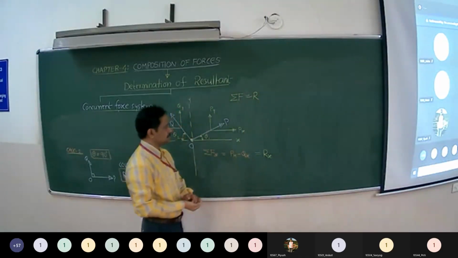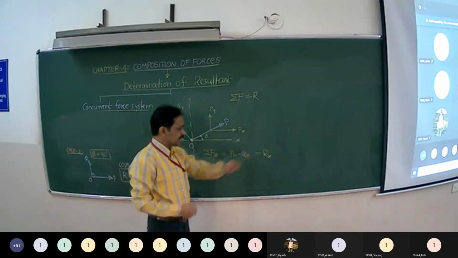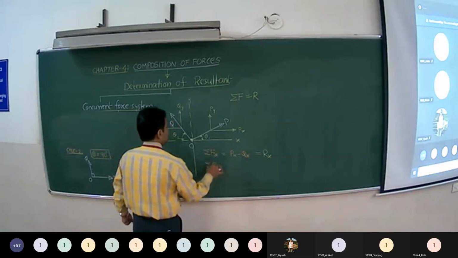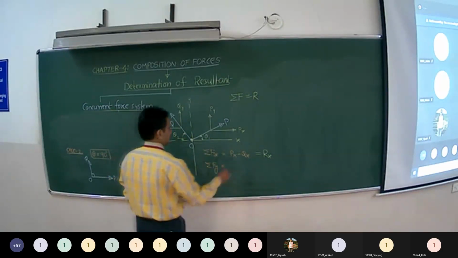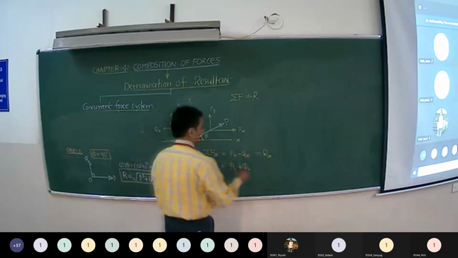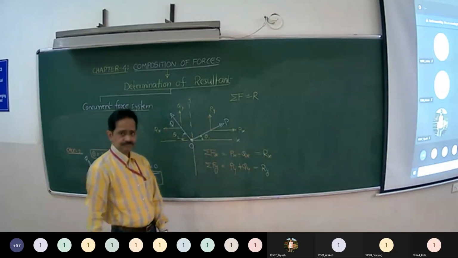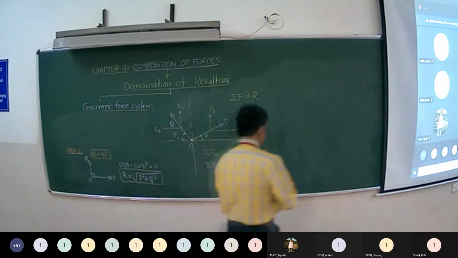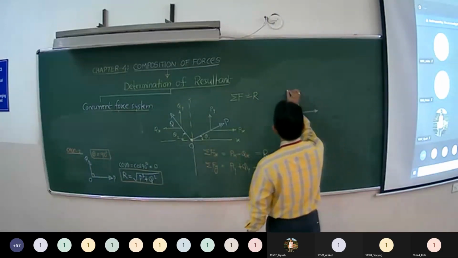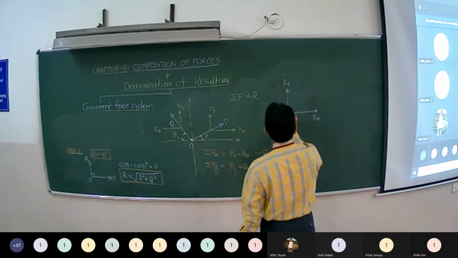I am taking the algebraic sum of all X components of the forces, so X component of resultant. Similarly, by taking the algebraic sum of the Y components, say Py plus Qy, it is nothing but the Y component of the resultant. Now for the resultant, we know the X and the Y components. Say this is Rx, Ry.